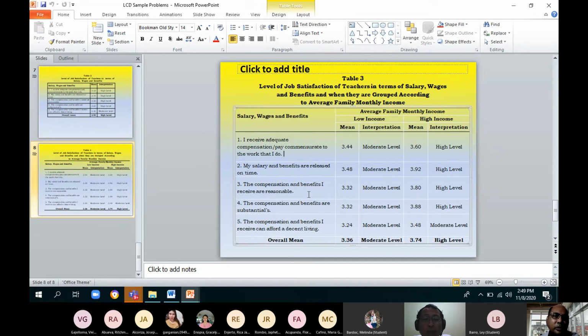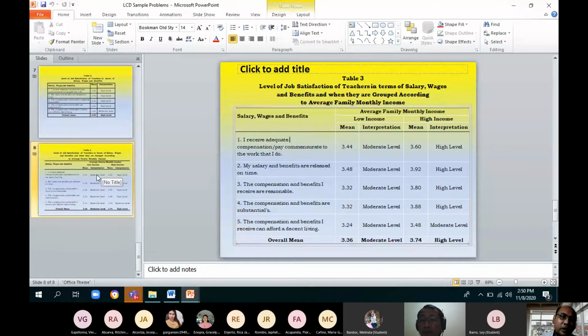Do not cut the table. Then this is hanging table ito, no? 3 line lang. Okay? So, meaning to say, nandito na tayo sa profile, sa level, then according to aforementioned variables. Meaning to say, this is descriptive.